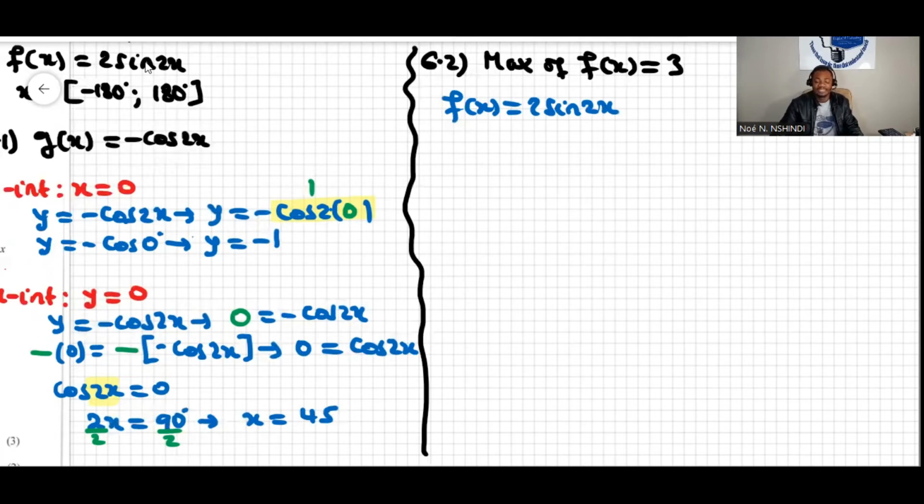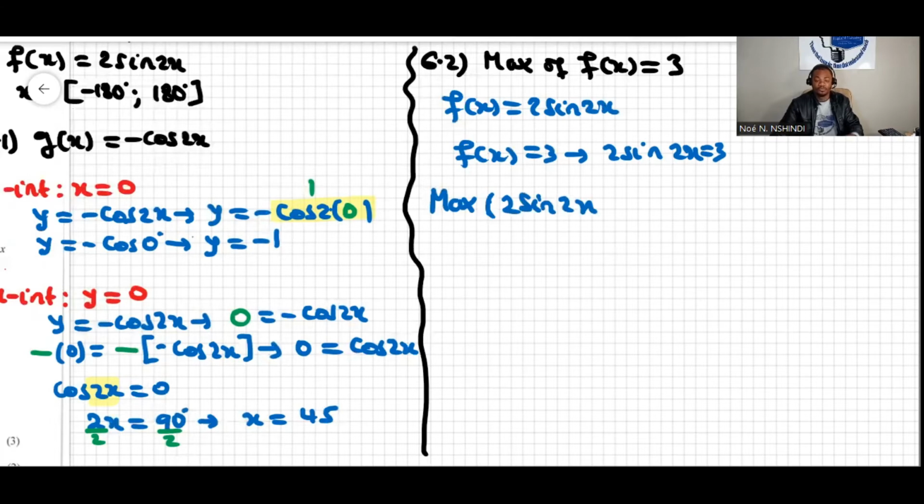So if I need to find the maximum value of this, f of x equal to 3 simply means 2 sine 2x equal to 3. So to find the max, the max will be 2 sine 2x. We move the 3 over, so it's going to be minus 3.